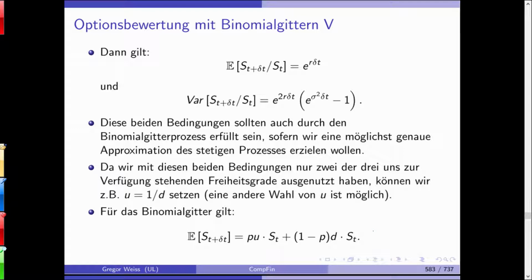For the binomial process, if we discretize this, you can simply calculate that the expected future stock price is given by P times U times S_T plus 1 minus P times D times S_T. Not a big surprise. What is the expected future stock price? Well, the stock price can only go up or go down. So we start at S_T times P times U and the other alternative. So this is the mean.